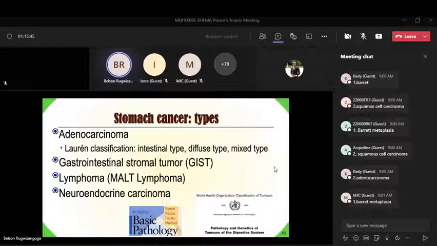So the types of stomach cancer, this is from both Robbins' book and the World Health Organization classification of tumors. Do you have adenocarcinoma?